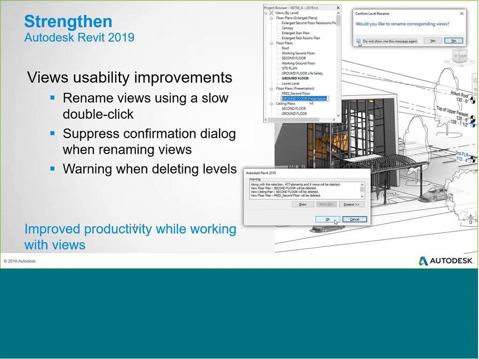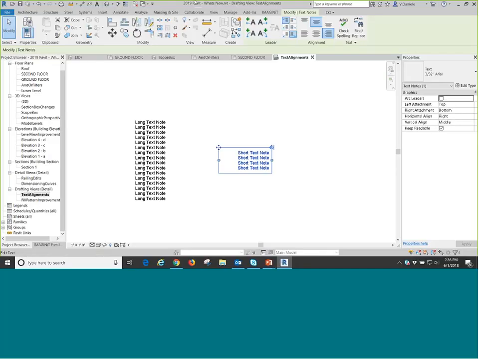But now when you go to delete levels, it actually will inform you that along with deleting the level, you're also deleting a whole bunch of elements that are dependent on that level. So it gives you a warning that tells you, beyond just the views that you're deleting, you're also deleting a bunch of stuff that could be really important that someone has taken a lot of time to place in the project.